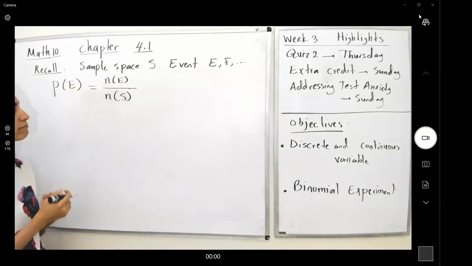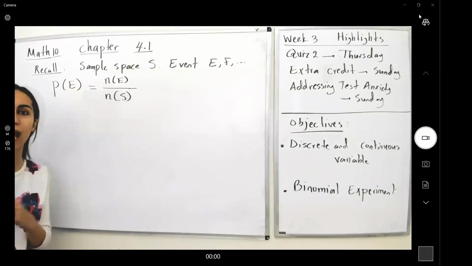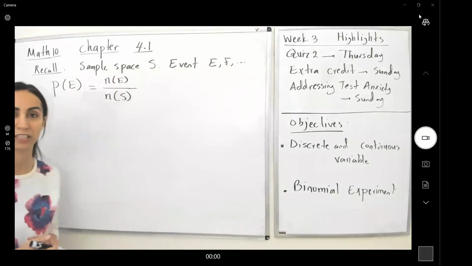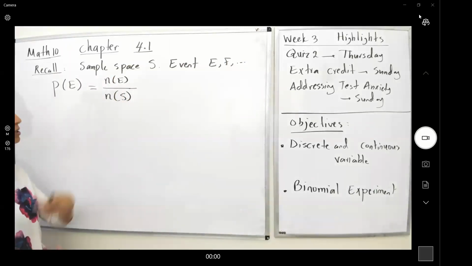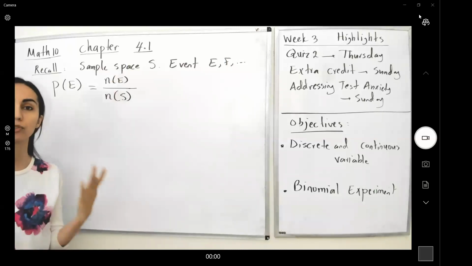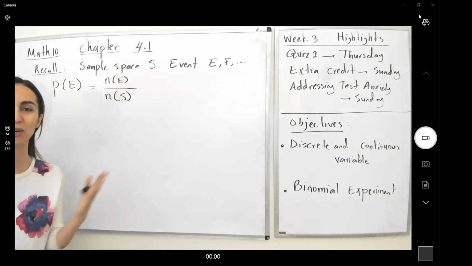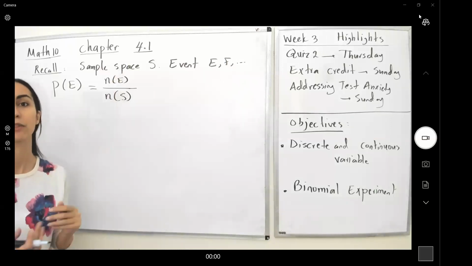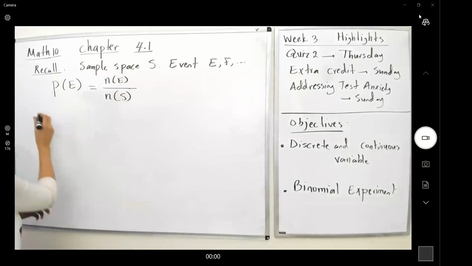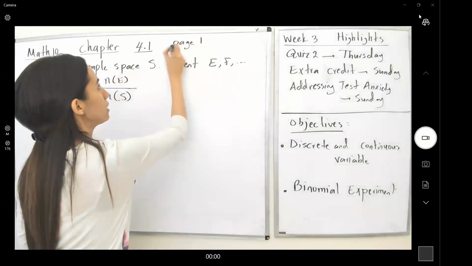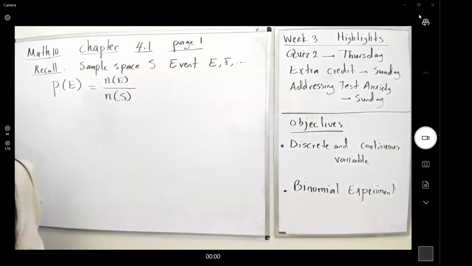Very well. Today, we're going to actually define random variables, and instead of using events, we're going to use random variables. So, what is a random variable? We are on page 1 of 4.1.